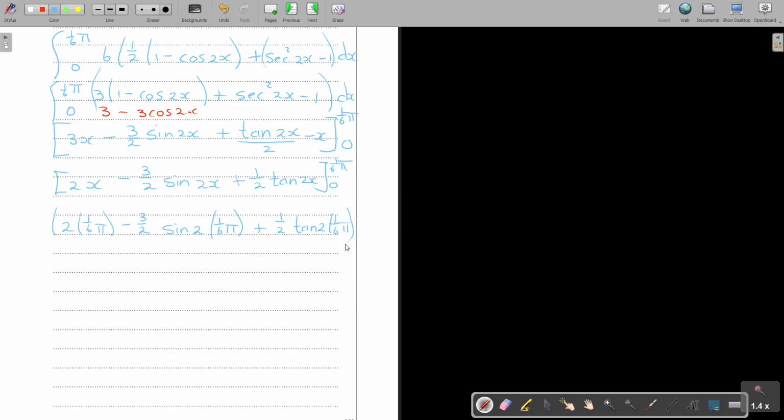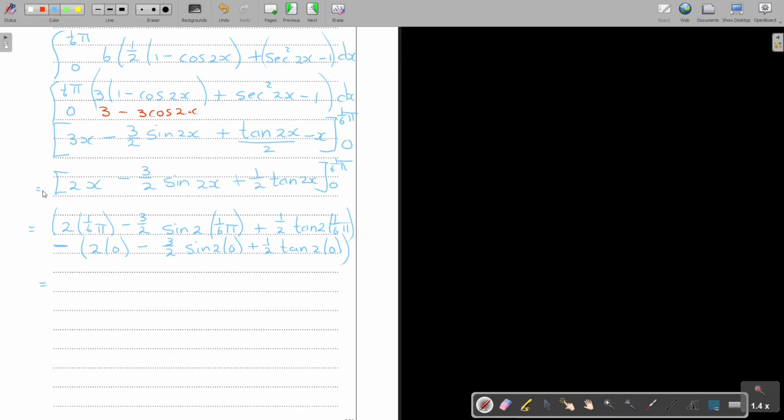Okay, so I did the first one. So minus, and now don't just assume that everything will be 0. It's best to just test it. So 2 times 0, minus 3 over 2 sin 2 times 0, plus a half tan 2 times 0. Okay, and that will be equal.